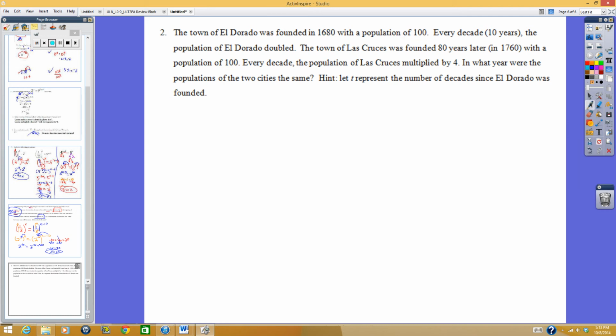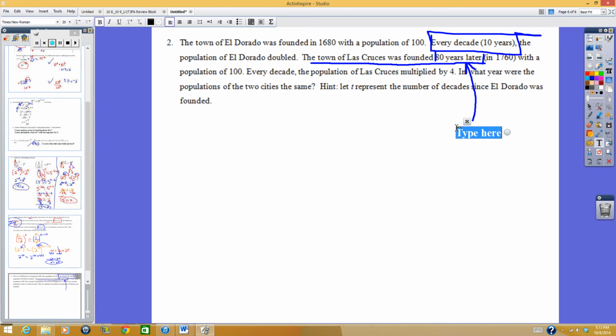Alright, let's do it. Let's see. Honestly, I didn't practice this before doing the problem, so wish me luck. Alright, so I see that it says every decade. I think that's kind of important, because here they said the town of Las Cruces was founded 80 years later. If each decade is 10 years, the town of Las Cruces will be, I'm going to write this note here, 8 decades later, right?